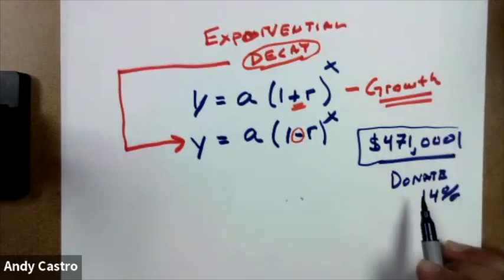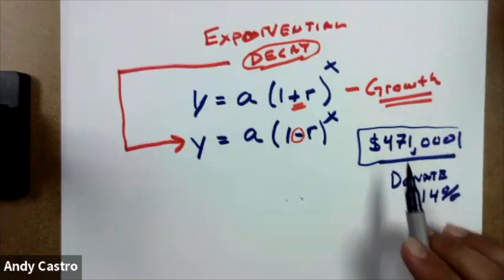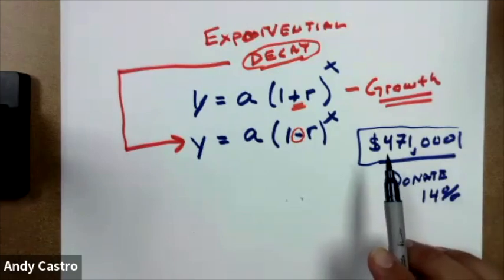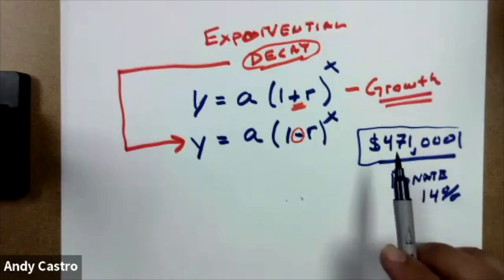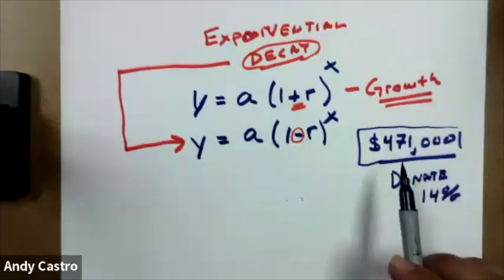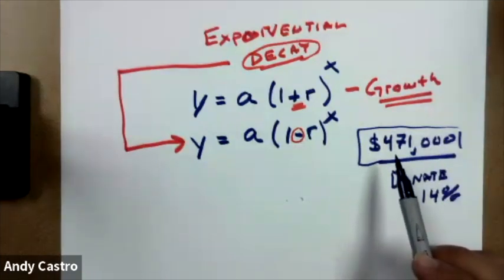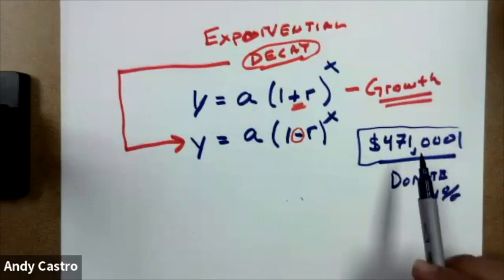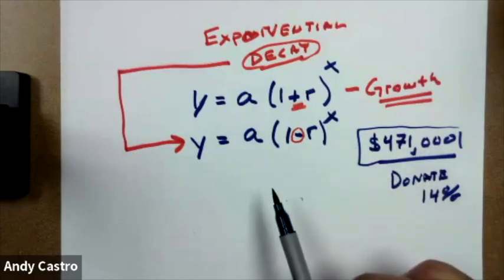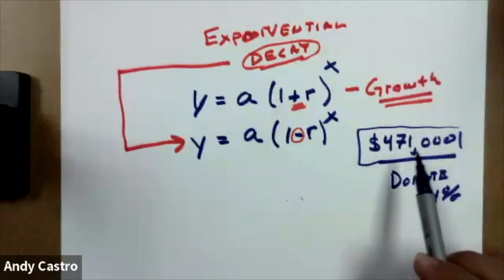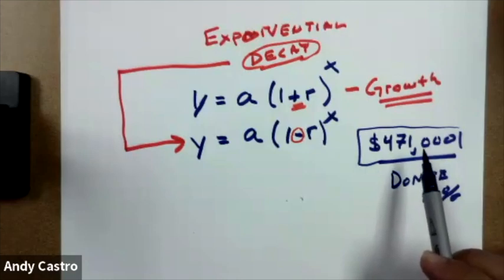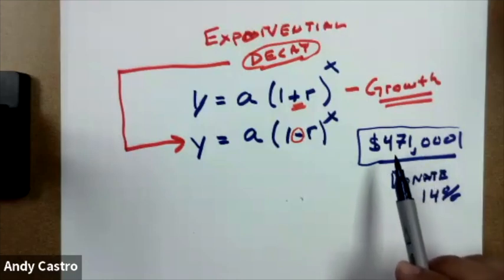Now, what makes this difficult, that we can't just calculate straightforward, is once the first year's over and he donates 14% of this, that'll be about $65,000. Then, starting in year two, he does not have 471 anymore. He has around $405,000.